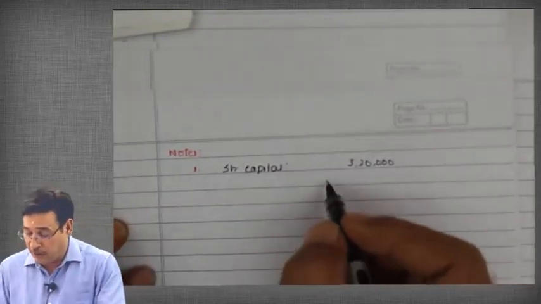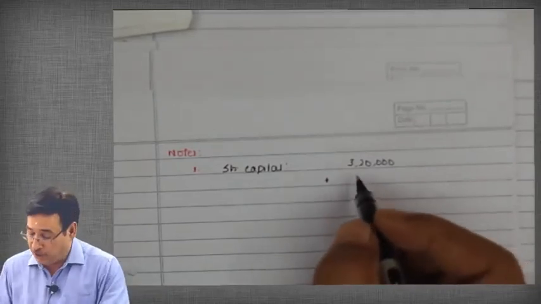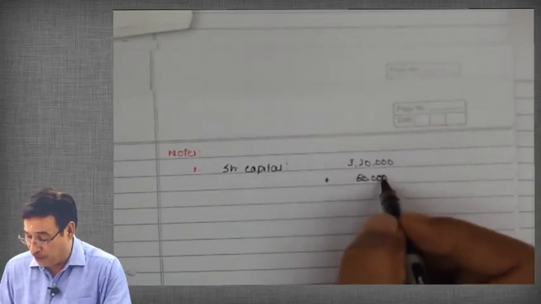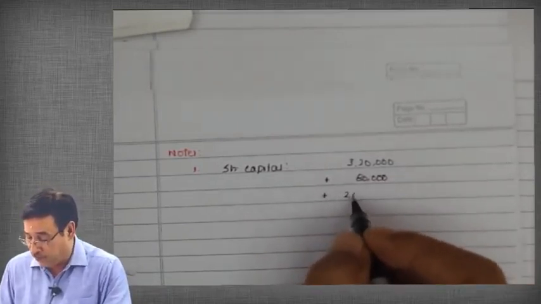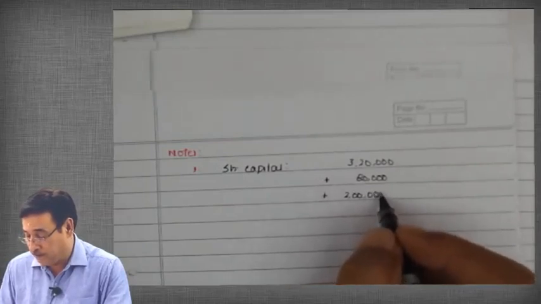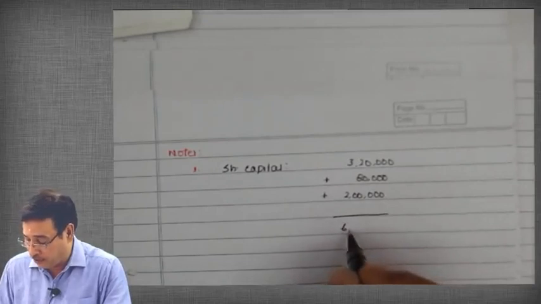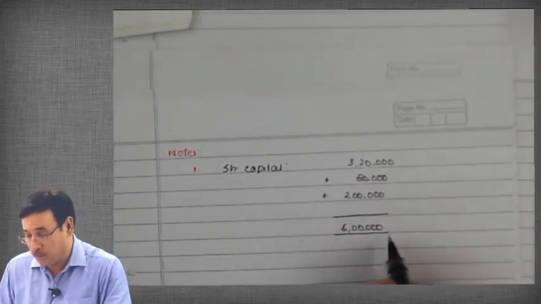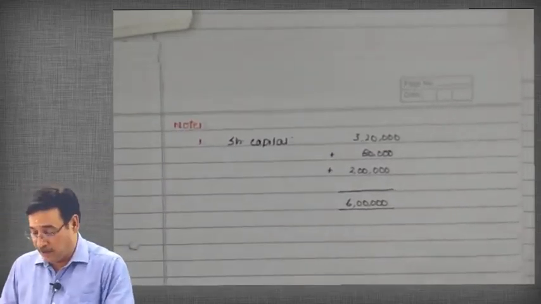Then you look into the solution which you just did. Equity share capital is getting a credit of 80,000 as per entry number 1, and as per entry number 2, equity share capital is getting a credit of rupees 2 lakhs. So now your equity share capital is worth rupees 6 lakhs. Correct? So balance in equity share capital is now 6 lakh.